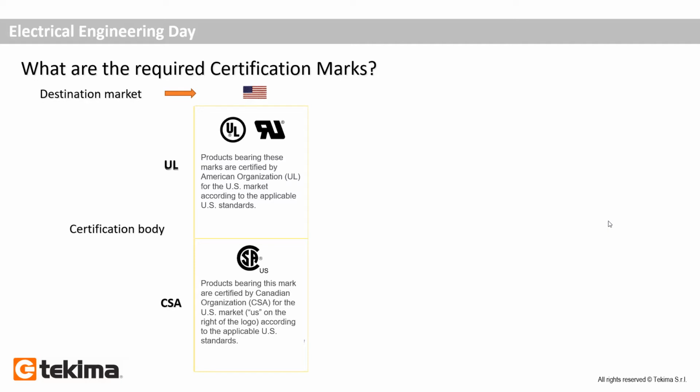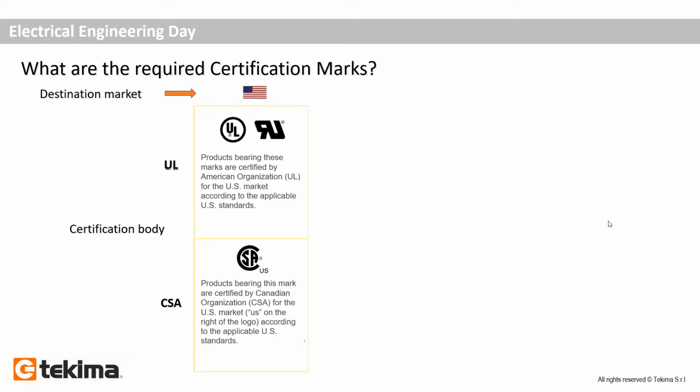All the markings that you see in this column are acceptable for the US market, even though they are released from a different certification body. Both in the top, released from a US body, UL, and in the bottom from a Canadian body such as CSA.